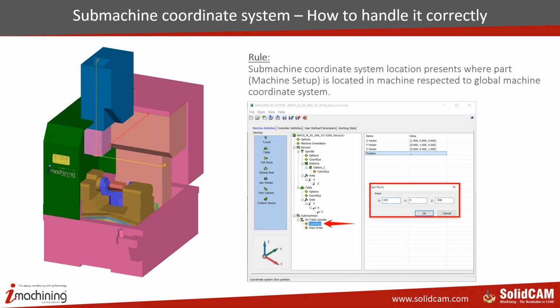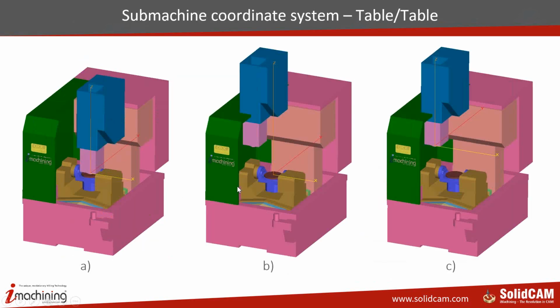Now let's jump to one of the many questions that resellers are asking. How should I set up the VMID in order to get correct machine simulation?